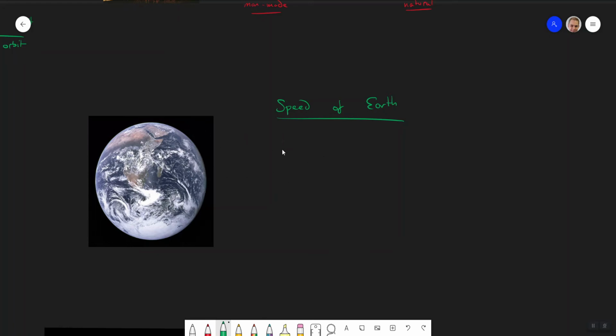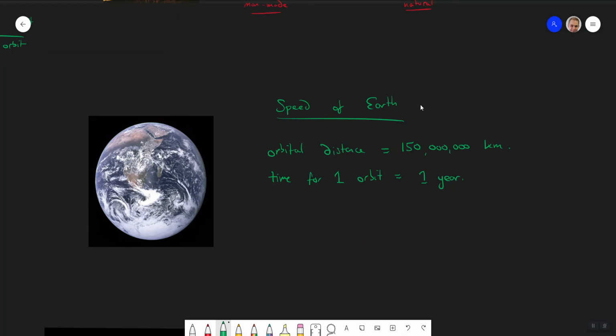We need to know the orbital distance between the Sun and the Earth, which is a big number. It's 150 million kilometers. And the time for one orbit is 1 year.